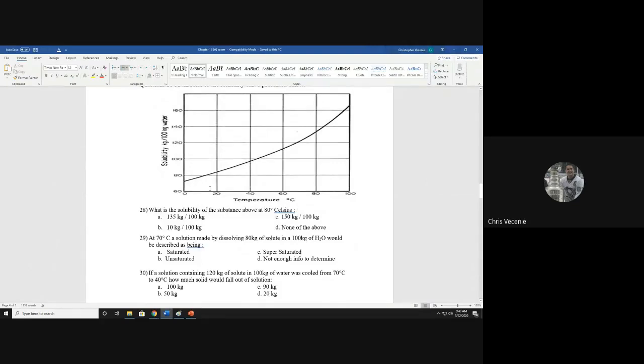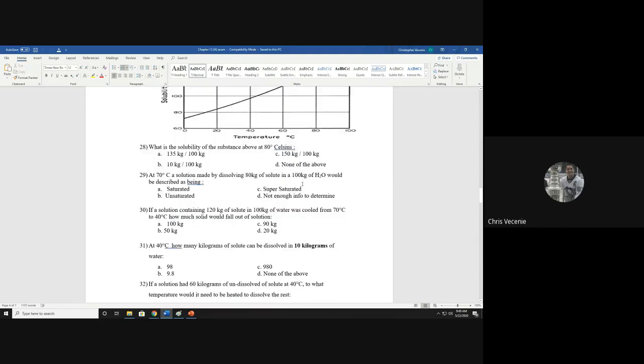So if you're landing at these conditions, and asking what substance or something like that, you could say, I got that number from the graph. But if you're trying to say what type of solution it is, remember, if you're above the graph, you'd say it's supersaturated. You would want to say, because I'm above the curve, it's supersaturated. Because I'm under the curve, it's unsaturated. That's what justifications for the graph look like.